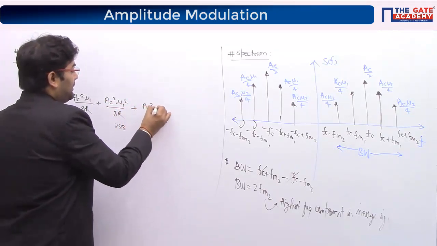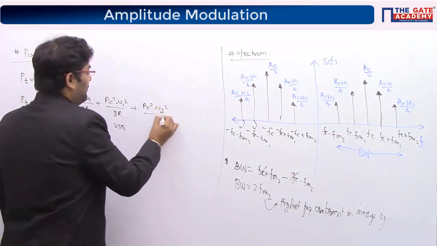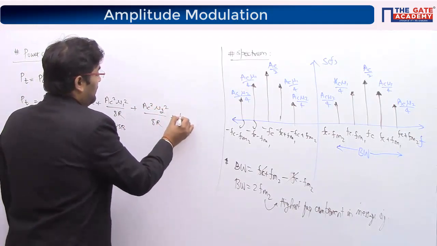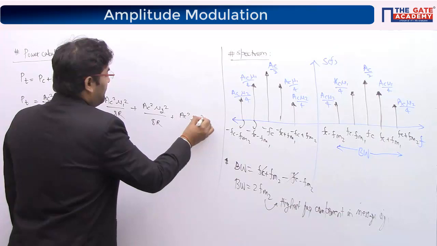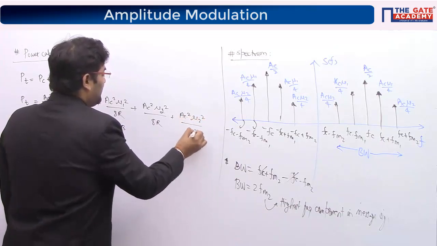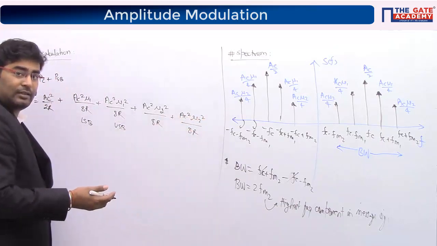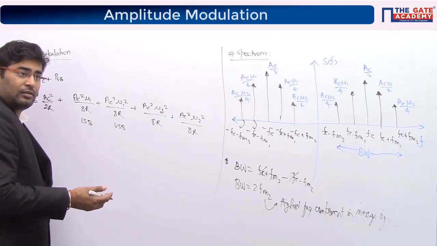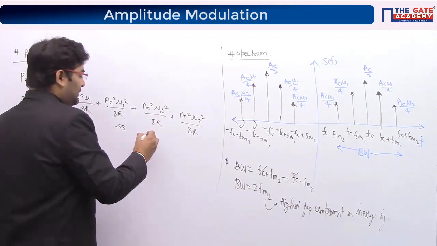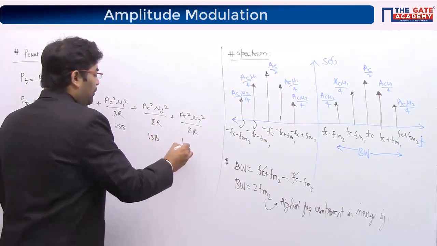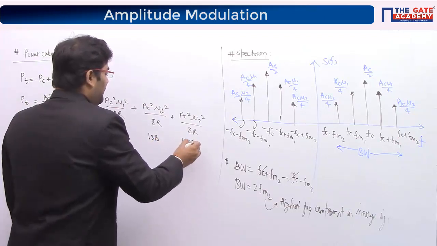Plus it will be Ac square mu2 square by 8R, and again Ac square mu2 square by 8R. This is because of the second message signal, for both the sidebands. Right? We can club them.